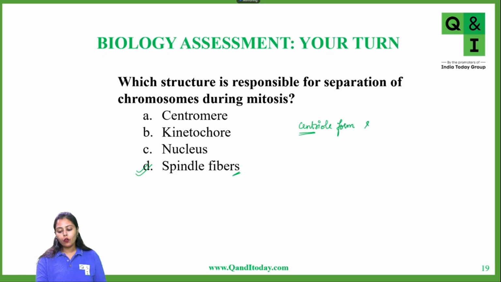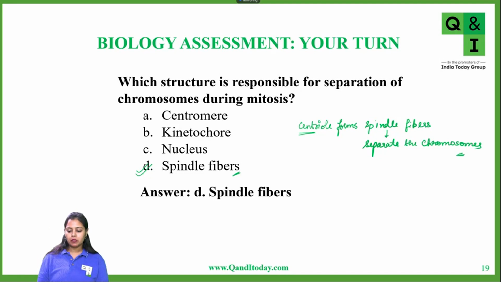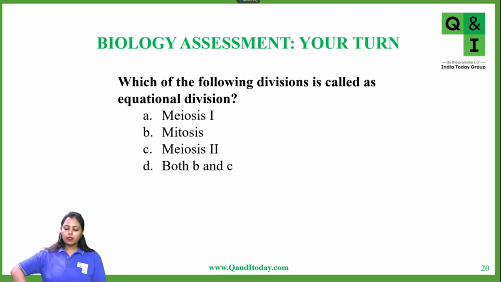So centriole forms spindle fibers, and these spindle fibers then eventually separate the chromosomes. I'll show you an image of this in the next class, but for now you can remember this.